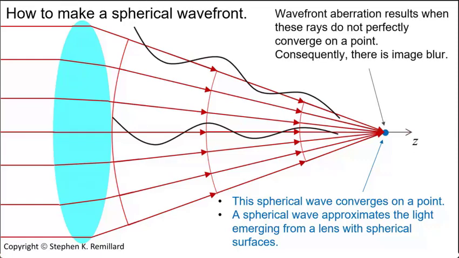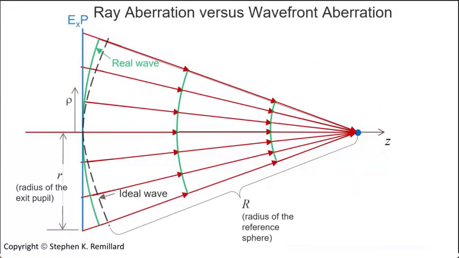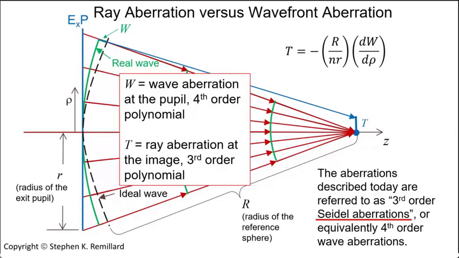Failure to perfectly converge to a point is what is meant by aberration. The wavefronts are aberrated, but that translates into a description of the rays as well. T is the ray aberration, and it's the derivative of the fourth-order wavefront aberration, which is why this is referred to as third-order ray optics.